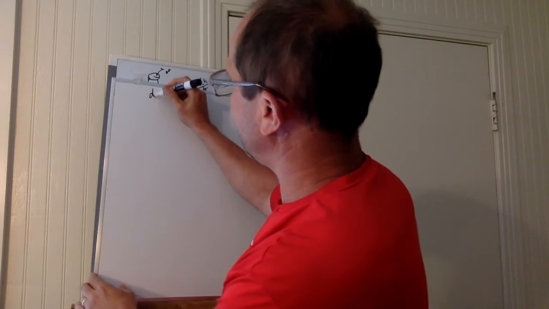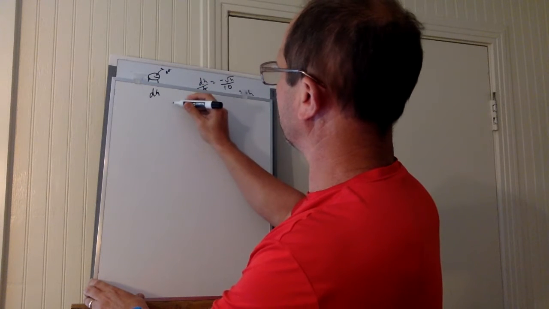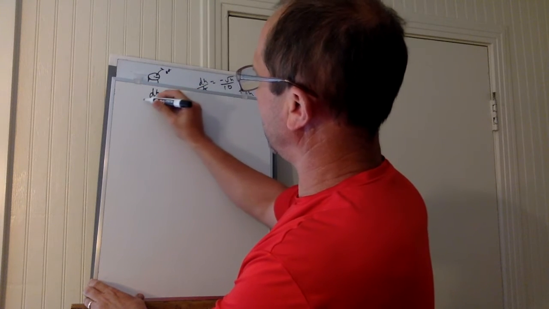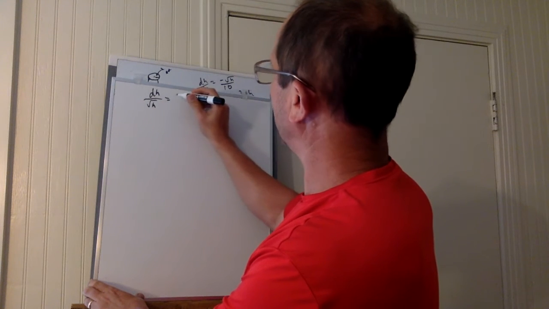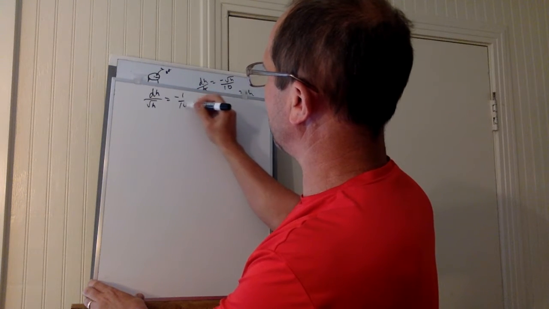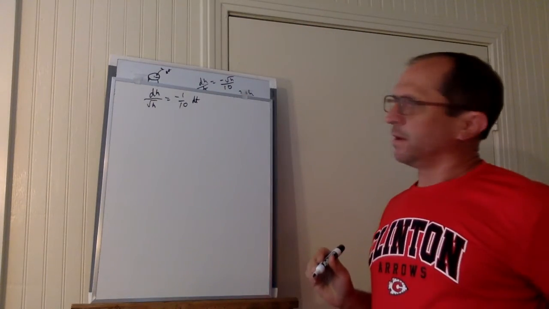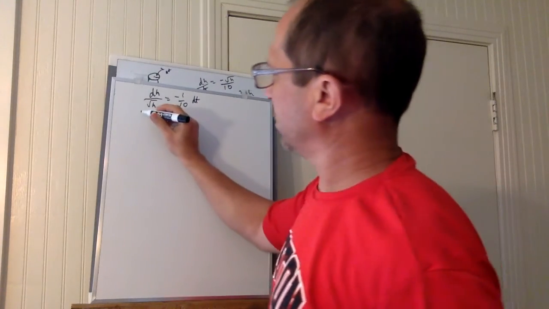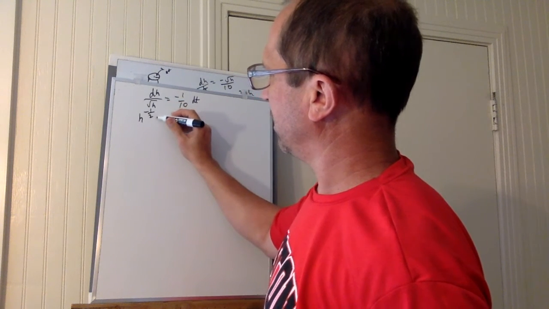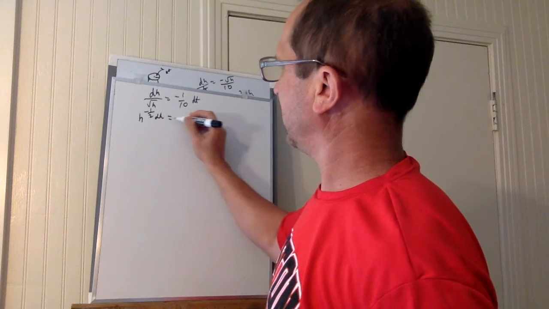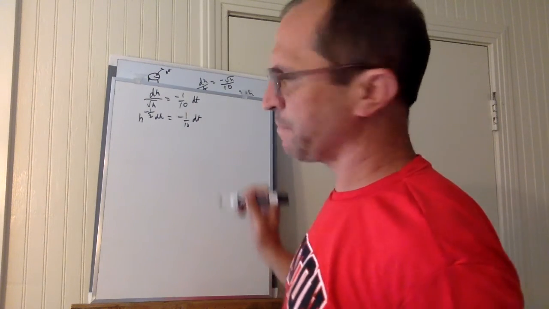So dh over square root of h equals negative 1/10 dt. Now this is also h to the negative 1/2 dh equals negative 1/10 dt.